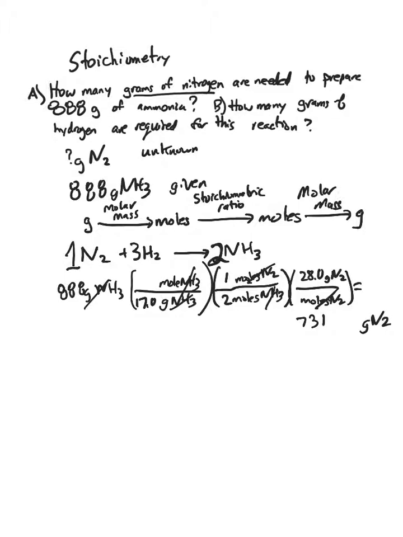So that's part A. For part B, let's find out how many grams of hydrogen are required to make this 888 grams. Once again, we're going to go from grams to moles, moles to moles, and moles to grams. This time we want to wind up with grams of hydrogen. So 888 grams of ammonia, 1 mole of ammonia is the same as 17 grams of ammonia.